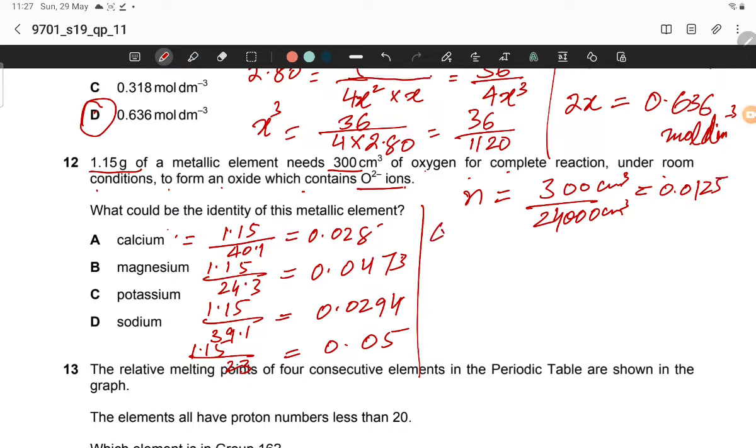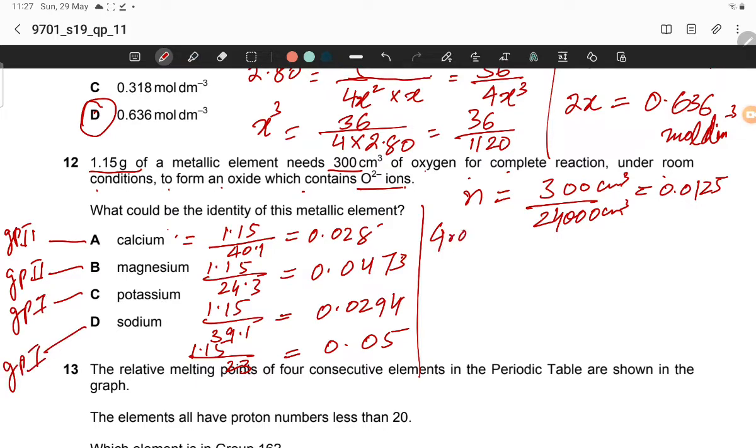Now for group 2, calcium is in group 2 and magnesium is group 2, potassium group 1 and sodium group 1.